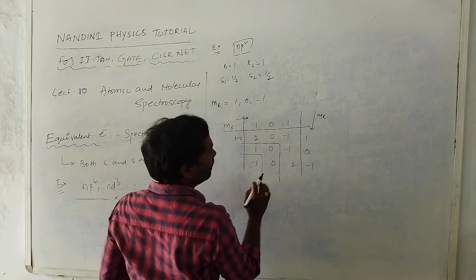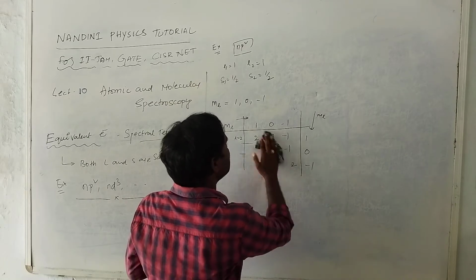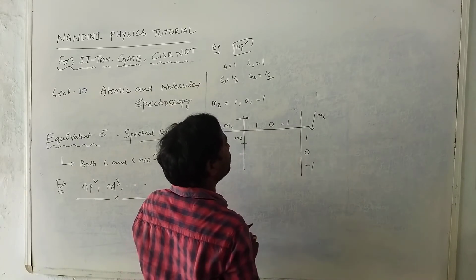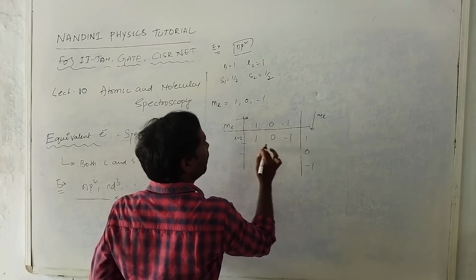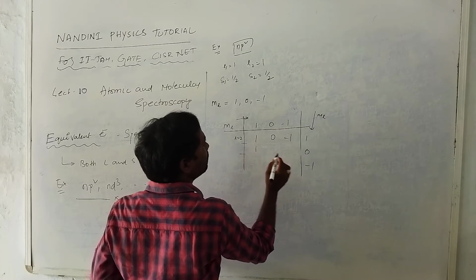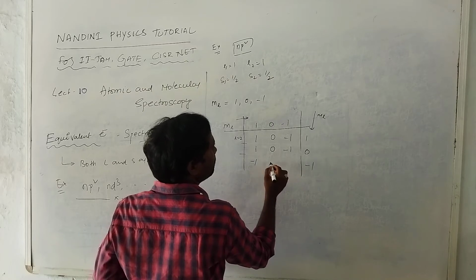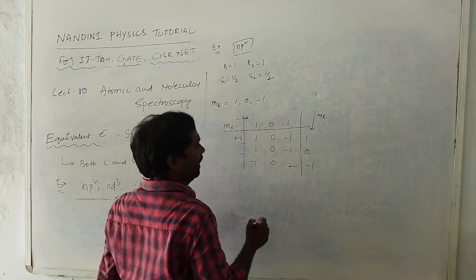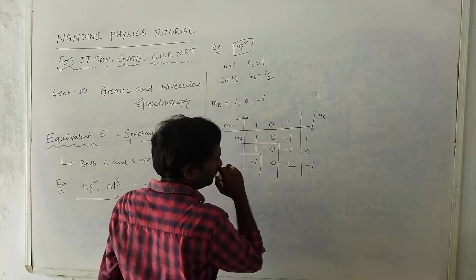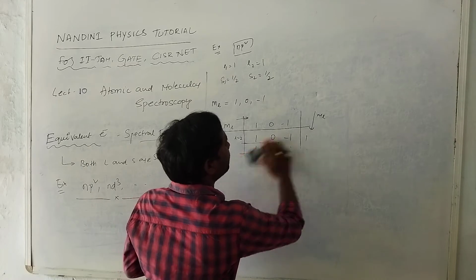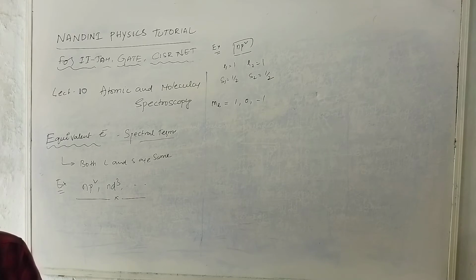I have made some mistakes, so once again I write all these things: 1, 1, 1, 1, 0, 0, minus 1. Then 1 plus 1, 1 plus 0, 0 plus 0, 0 minus 1, minus 1, down to minus 2 and plus 2. Simply split all these. I have a little confusion, so one second, I want to check it.